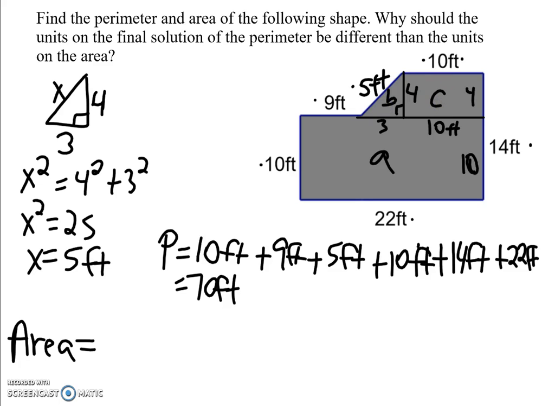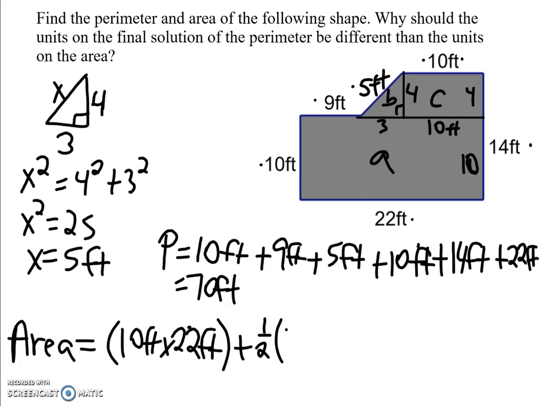The area of the big rectangle, well, that's a 10 by 22 foot rectangle. I'm going to add in my units. And then I know the area of that triangle, I got to use 1/2.